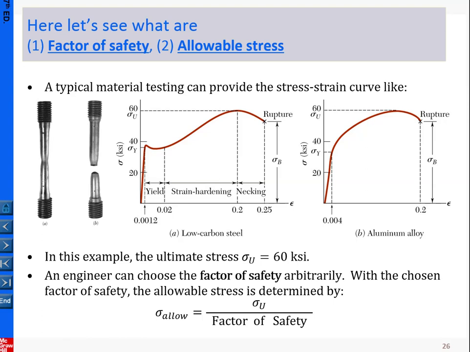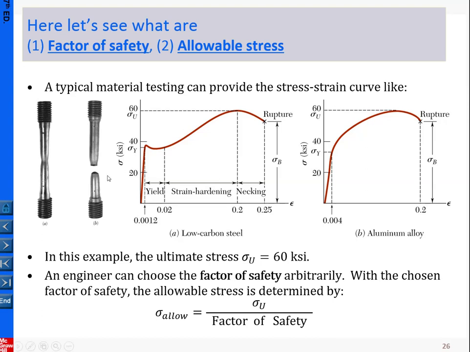So before we introduce the factor of safety, let us look at... okay. The factor of safety basically allows designers to define a safety margin for the design.